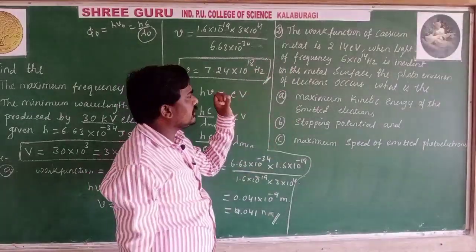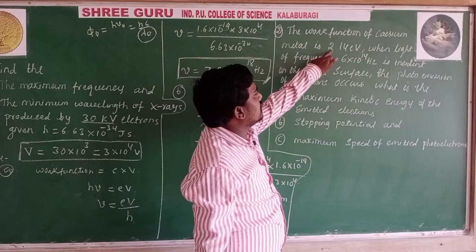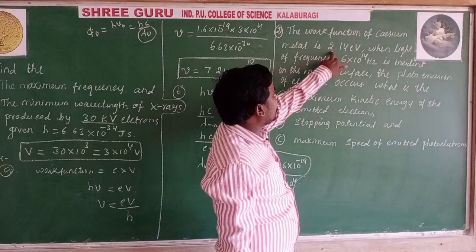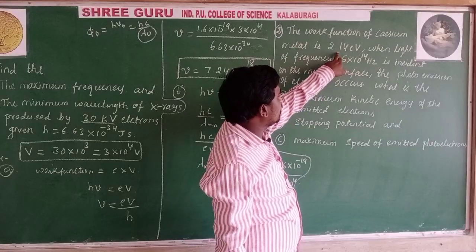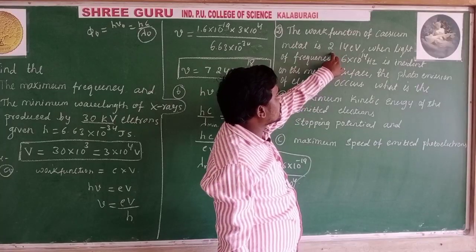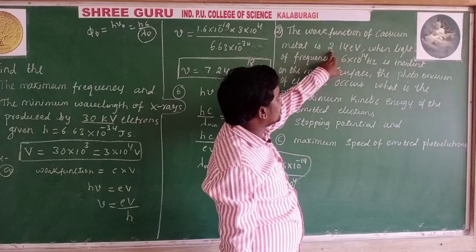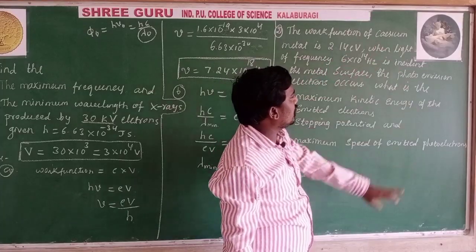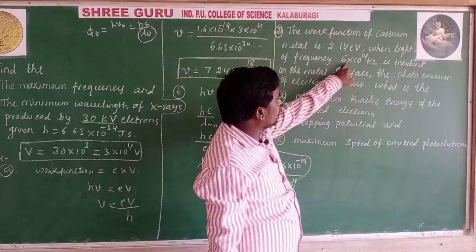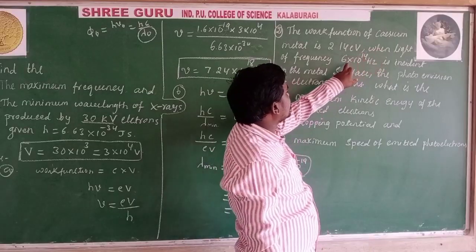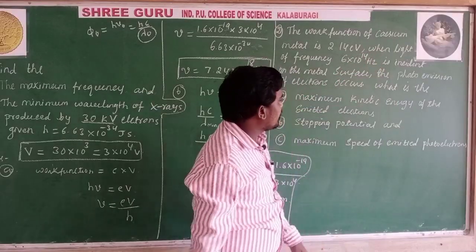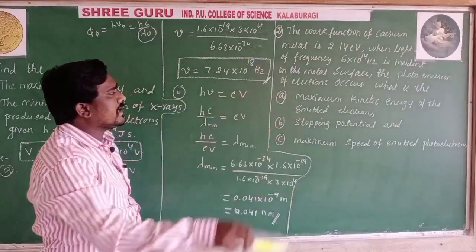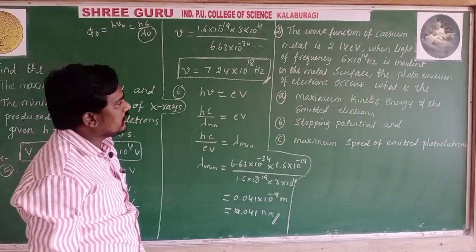What are the given? One is the work function of a metallic substance, that is cesium. This is the lowest work function of a metal surface, that is 2.14 electron volt. The frequency is also mentioned: light of frequency 6 × 10^14 hertz is incident on that cesium metal.